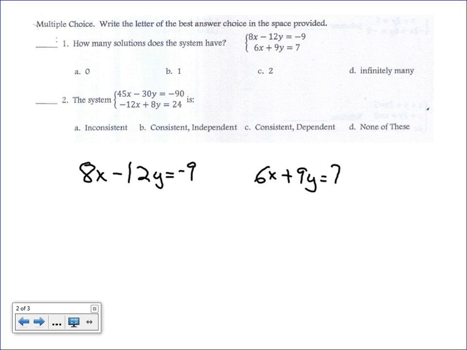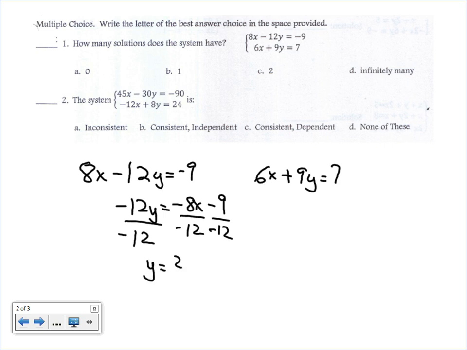Excuse me, not 2/3, 3/2, that I'm going to get, well, I guess it is 2/3. 8 over 12 is 2/3, my bad. So y equals 2/3 x plus 3/4.